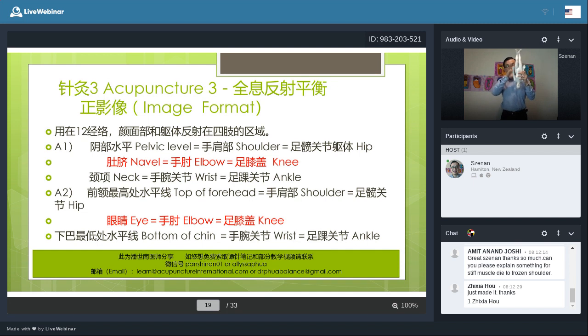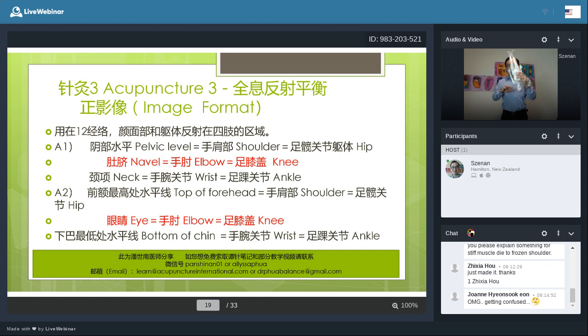So even though this trunk has reverse, this head reverse, the bottom of this head is 百会 area, 百会 level. Then my hand over here, the bottom joint is wrist.